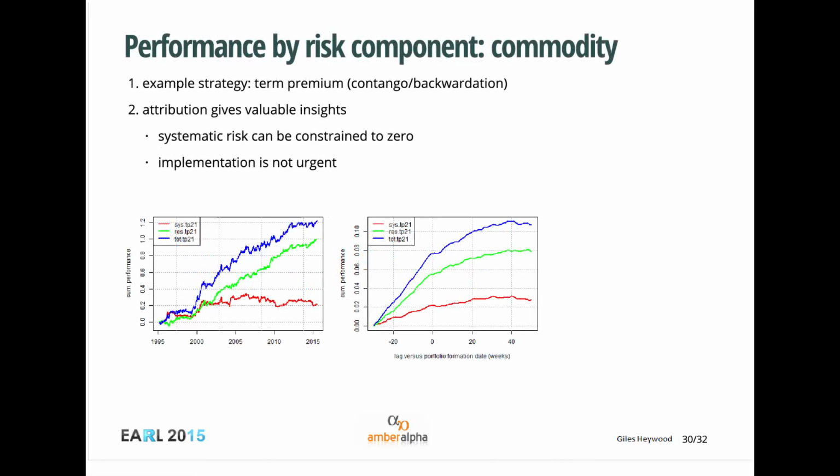This then is a bit of performance attribution and how we get insight into how we can tweak a systematic investment strategy. The systematic investment strategy I'm looking at in the chart on the left, the blue line, is a backtest of a strategy where you're market neutral, directionally neutral in commodity futures, but you go long the ones which are in backwardation, so you're rolling up the curve as you go to expiry, as opposed to rolling down the curve in contango.